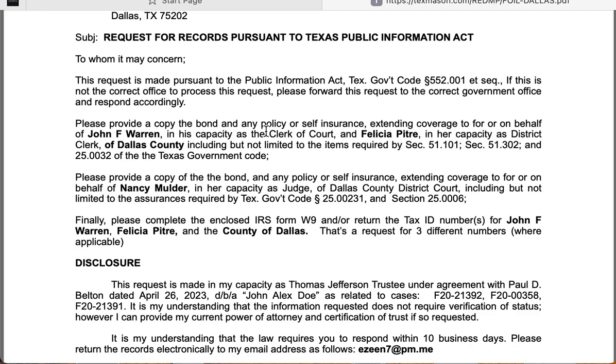on behalf of John F. Warren in his capacity as the Clerk of Court, and Felicia Petrie in her capacity as District Clerk of Dallas County, including but not limited to the items required by Section 51.101, Section 51.302, and Section 25.0032 of the Texas Government Code.